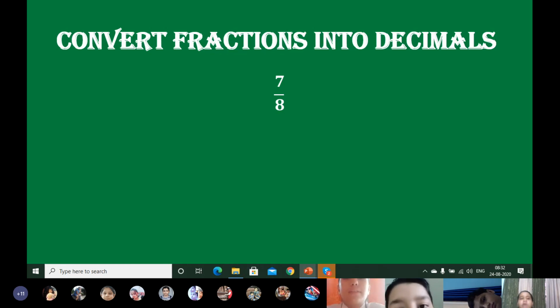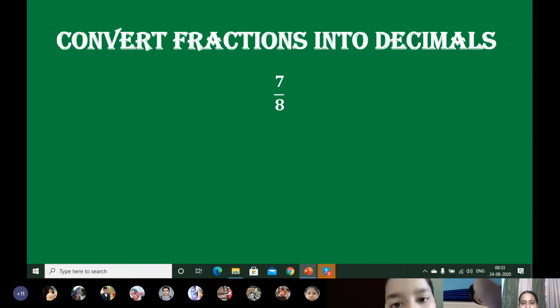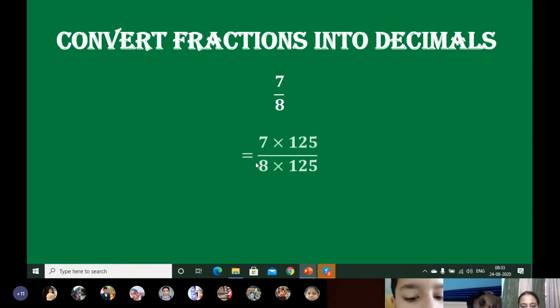The first step is to check whether we can convert this denominator into 10, 100 or 1000.